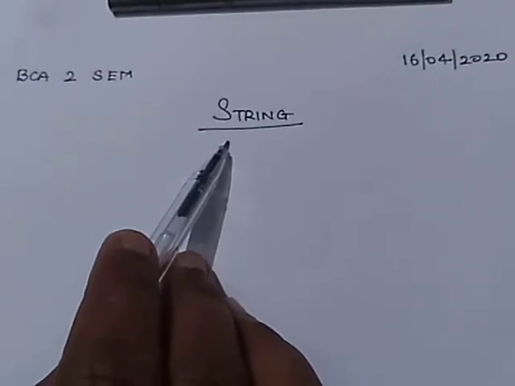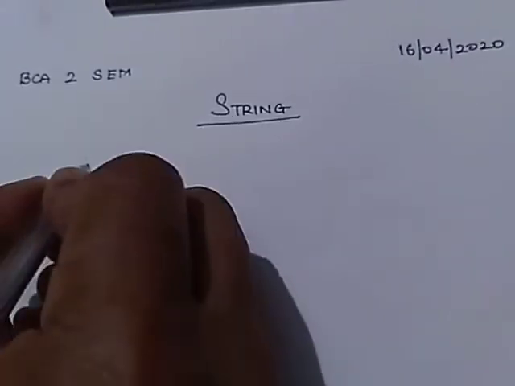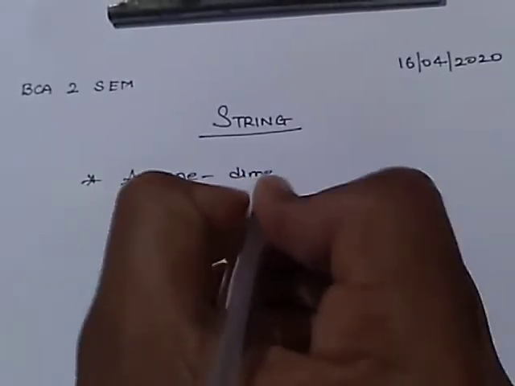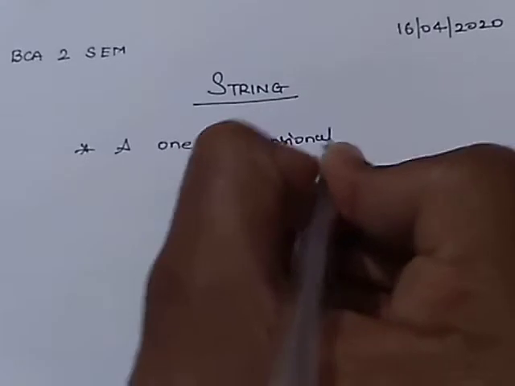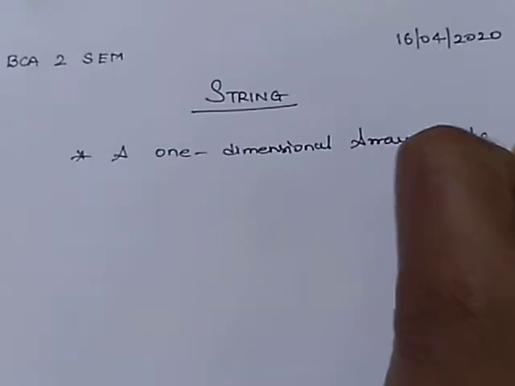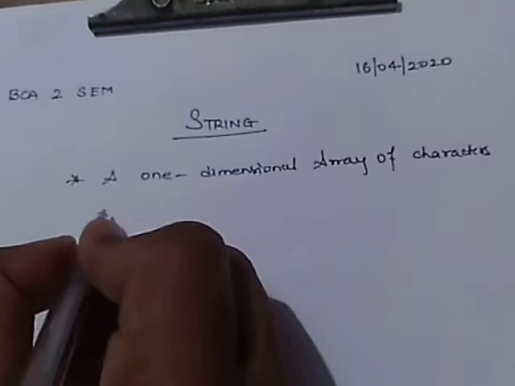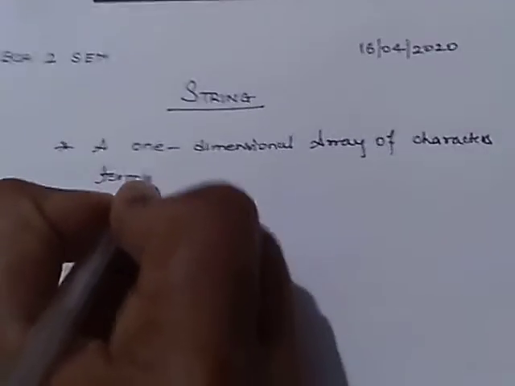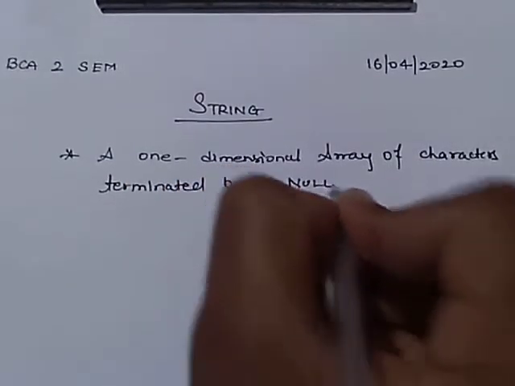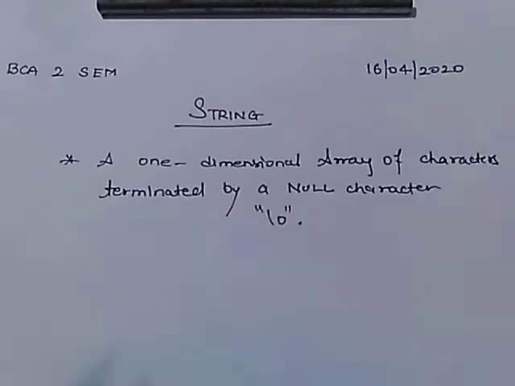In C we can say that a character array, a one dimensional array of characters terminated by a null character, is known as string.